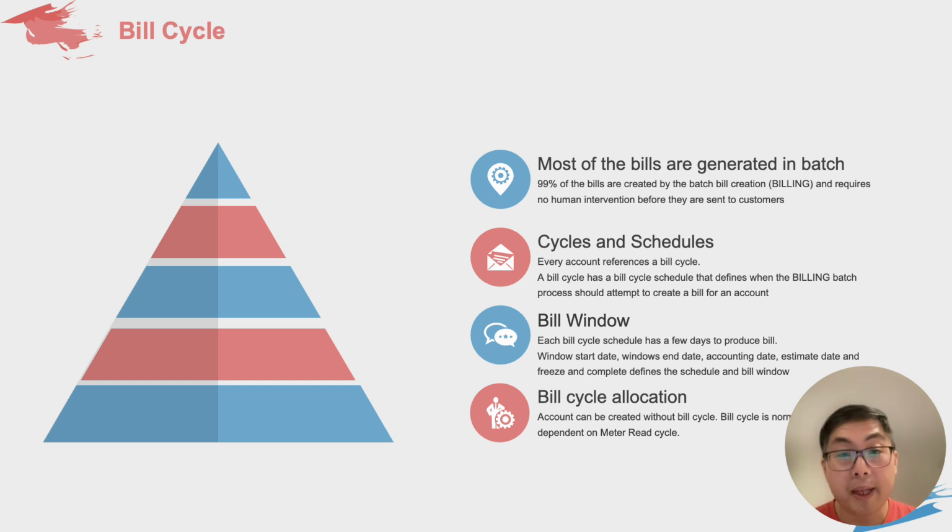But if by the end of window end date I still don't have it, then I'll try to estimate, because by that time I should have it, unless the actual meter read is missing. Okay, so bill cycle allocation is based on meter cycle information in most cases.